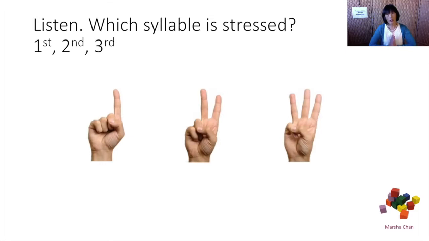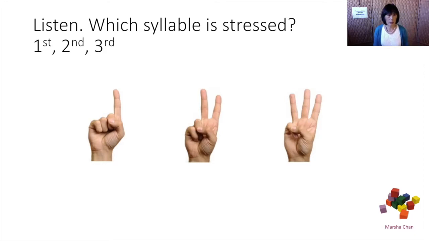So in our other topics, we talked about syllables and learned how we can identify the number of syllables. And in this lesson, we're asking you something different. We're asking you which syllable of this multisyllabic word is stronger, longer, clearer, and higher than the others.